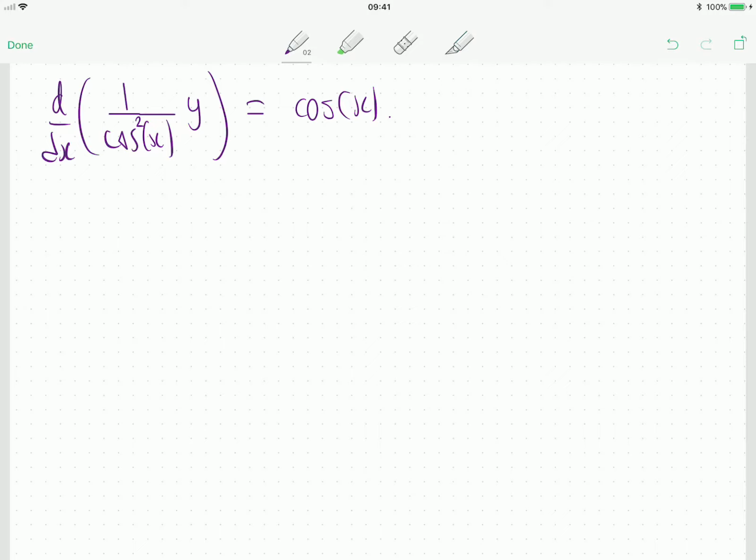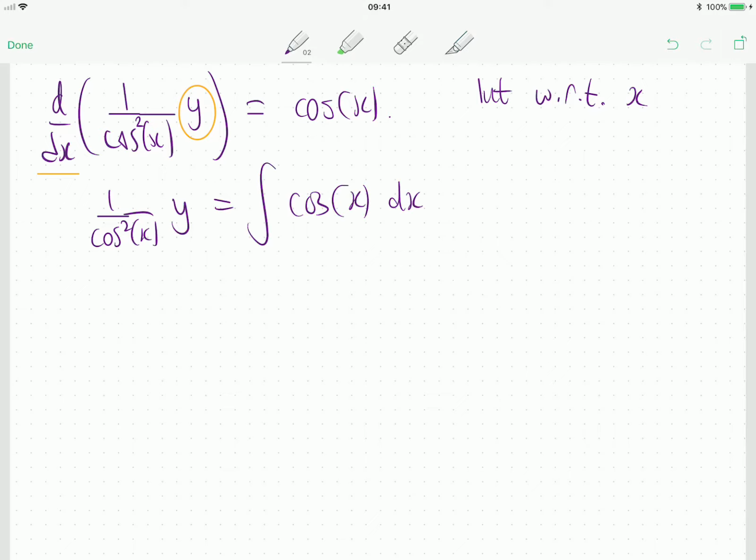Okay, so all that work, we've got it down to this form, and we want to find this y here. So integrating both sides with respect to x, just to eliminate the dy/dx here, we have 1 over cos squared x times y is the integral of cos. Effectively just taking the d by dx to the other side to integrate. If we integrate cos, we have sin x plus c.